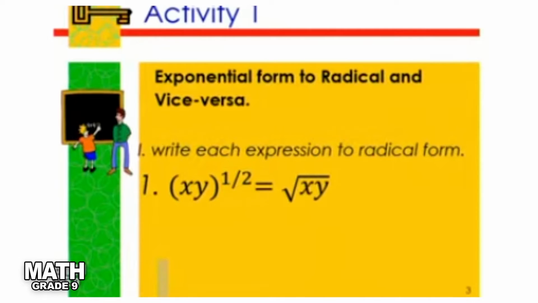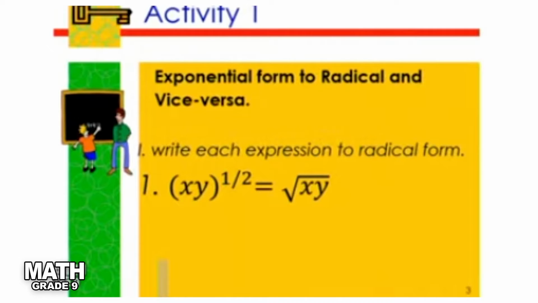Let us look at activity number 1. In this activity, you will be able to recall how to write an expression with rational exponents to radicals and vice versa. This activity will help you attain mastery of your previous lessons. The first items in each test serve as examples.